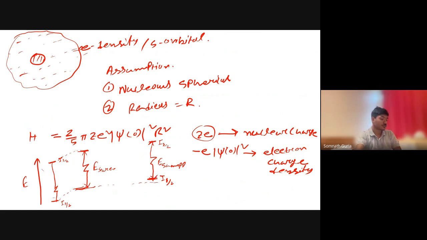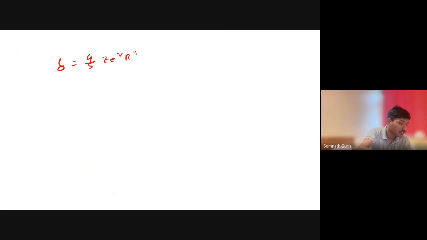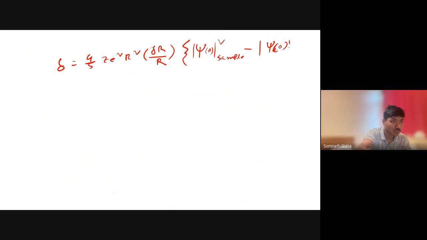Okay. So there is another mathematical term. This is called delta equals 4 by 5 Z e square R square, delta R by R, into psi 0 square of the sample minus psi 0 square of the source.